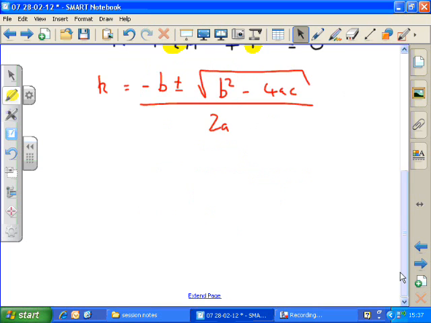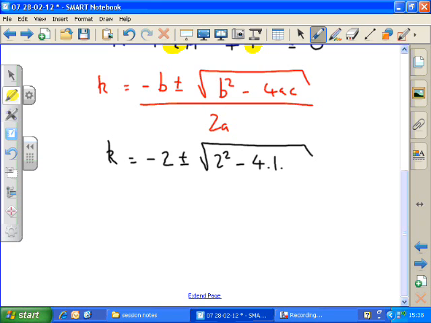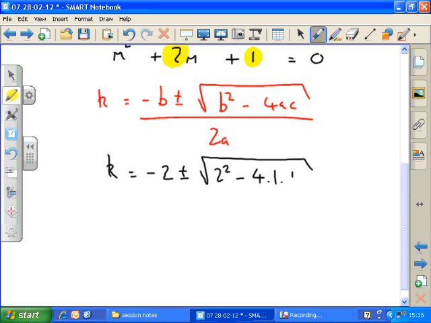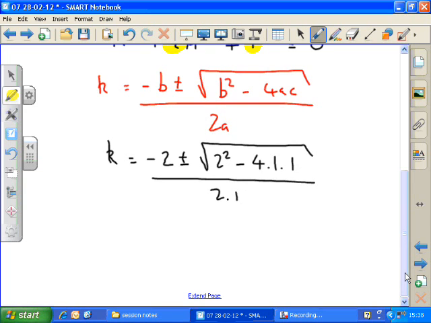So for our example, k equals minus b, which is minus 2, plus or minus the square root of b squared minus 4 times a times c, and c is 1, all over 2 times 1, which is 2. So if we move ahead with this, you might be able to see where I'm going.